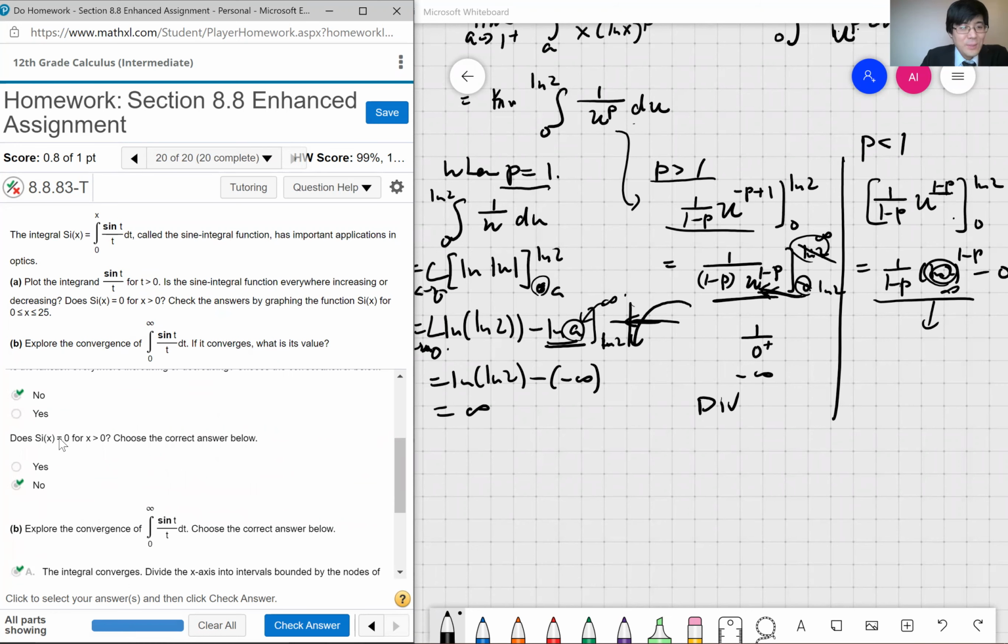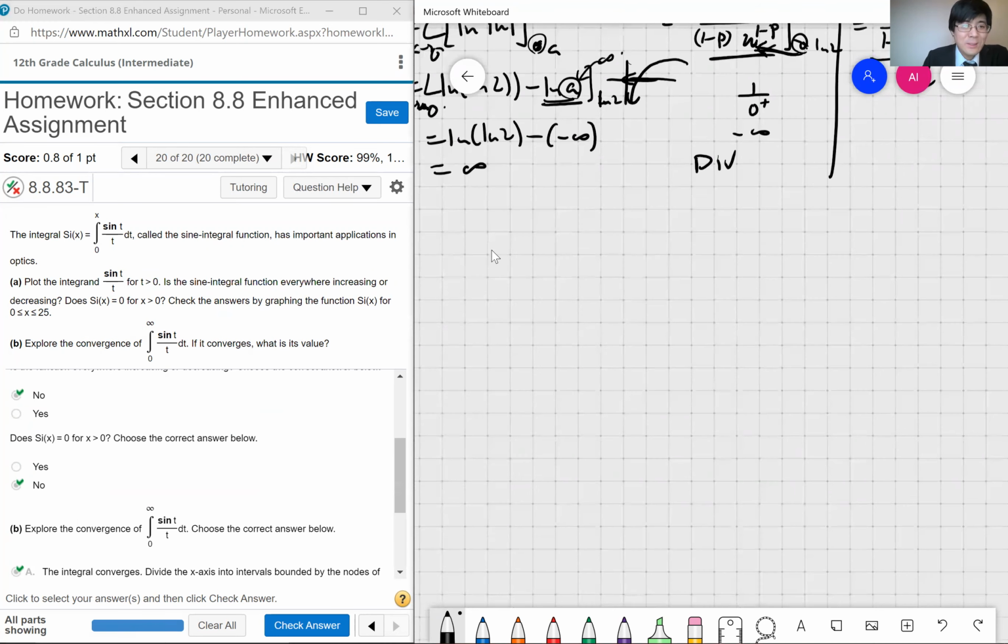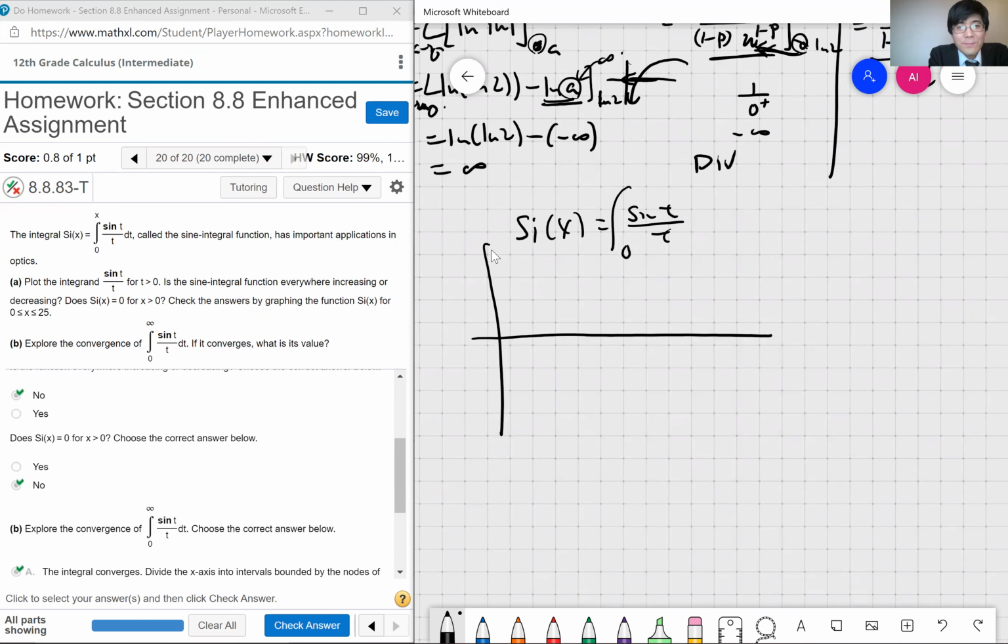So does the function become 0 for x greater than 0? This is kind of hard to say, but actually it will never become 0. Here's a quick explanation. So this is sine. When you plot this one, it starts with something like this.